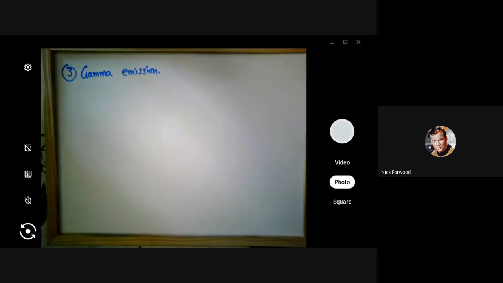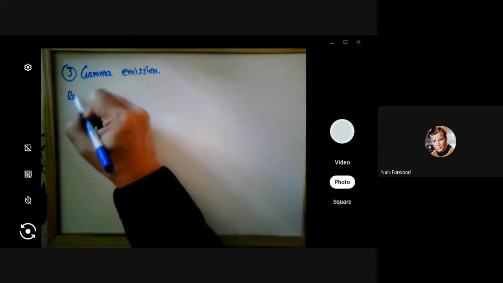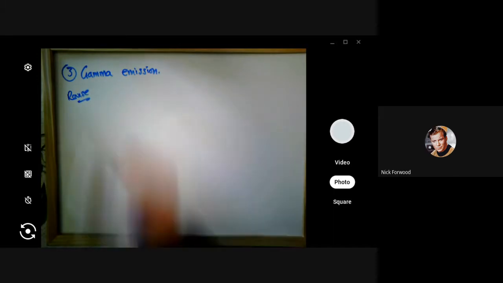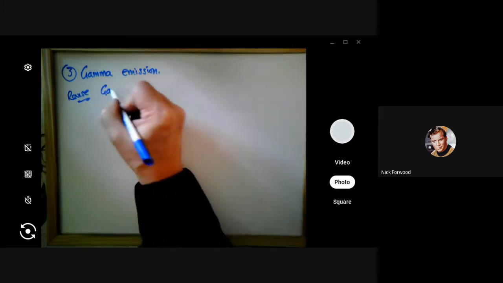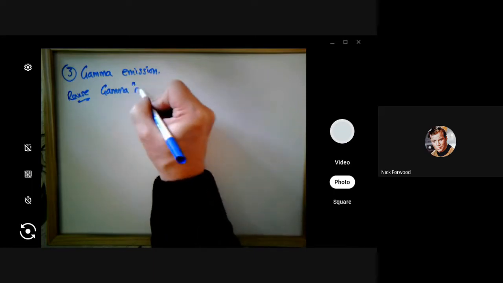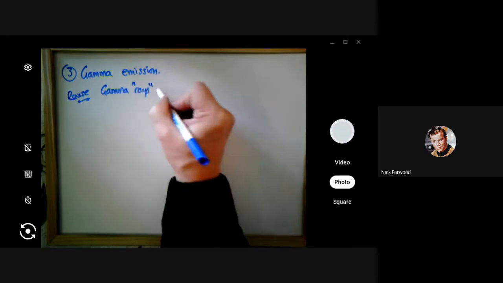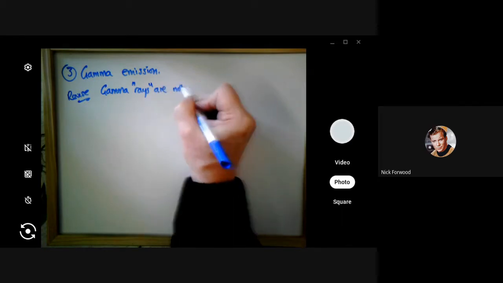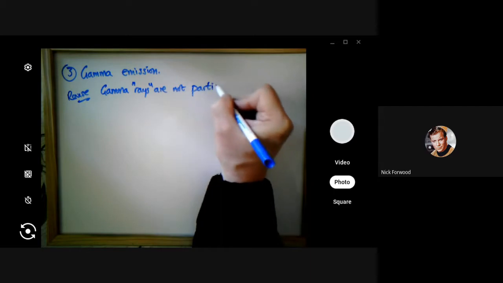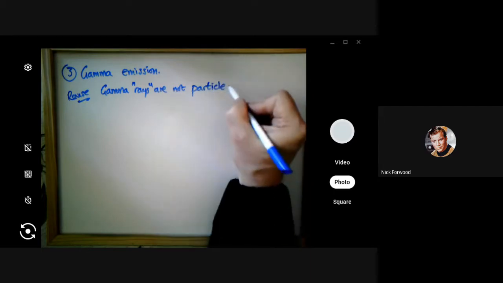And once again, a bit of revision. What is gamma? Gamma is not a particle. And we talk about gamma rays. And if it's not a particle, what is it?